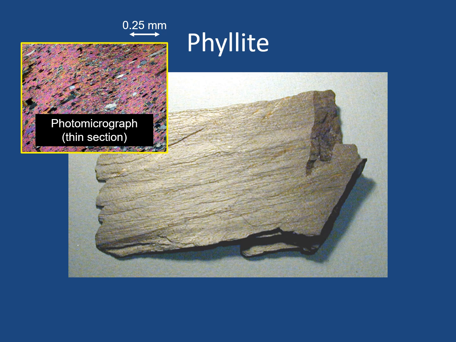This is phyllite. You can see superficially it looks a lot like slate. It's fine-grained, but at this point now the crystals are a little bit larger than they were for slate. The main way to distinguish phyllite from slate is that in the case of phyllite, you can see it has sort of a dull sheen to it, a little bit of a shininess.